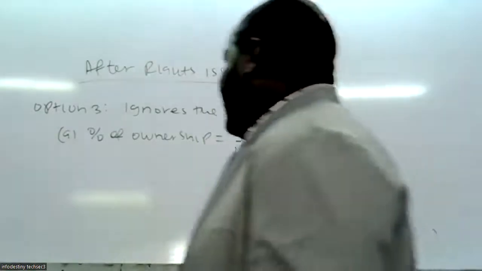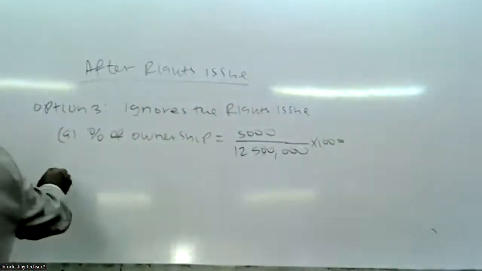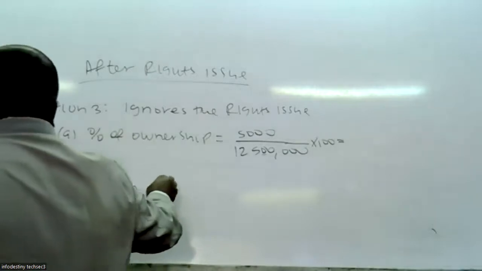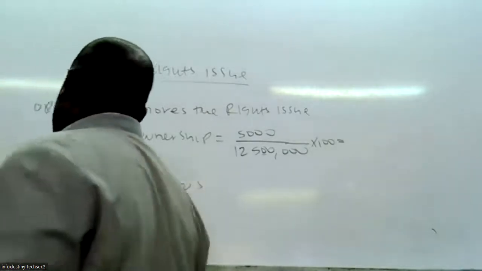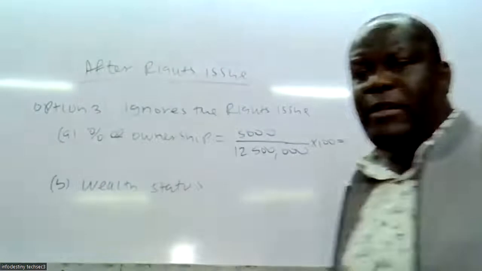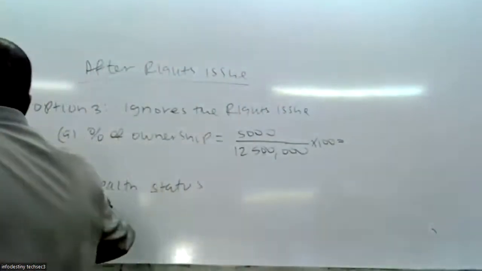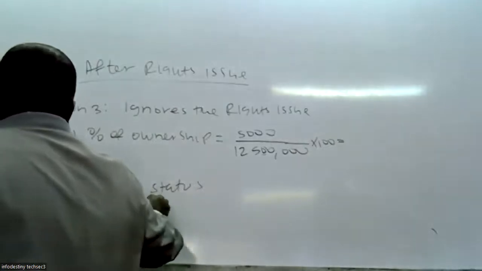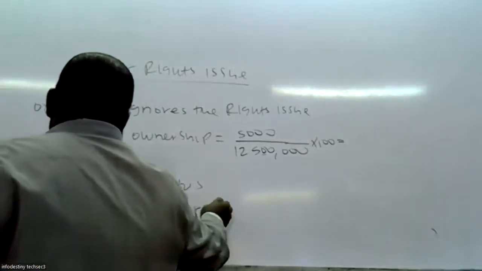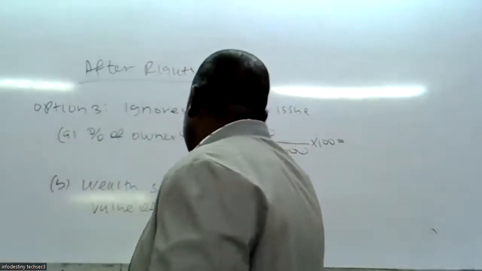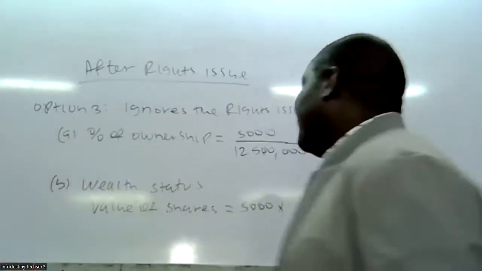Yeah. Then we now also go to the wallet status. So for the wallet status, we start with the value of the shares. For the value of the shares, we only have 5,000 shares.